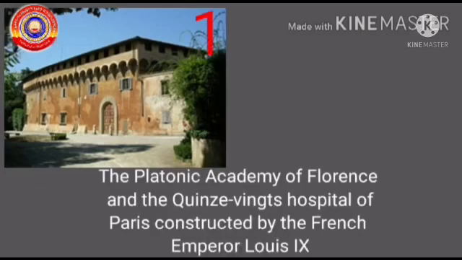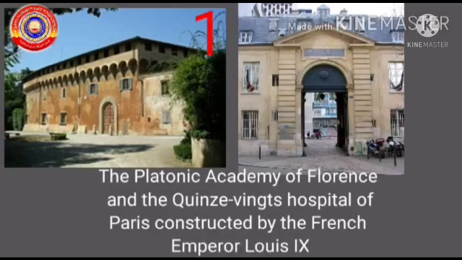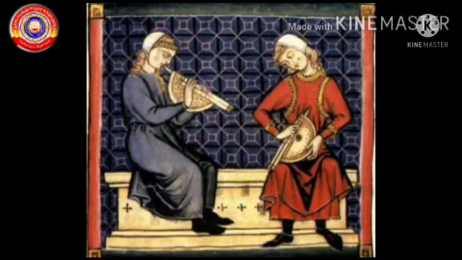Observe the next picture. The first picture shows the Platonic Academy of Florence, and the second picture shows Queen's Hospital of Paris. These two were constructed by the French Emperor Louis IX.